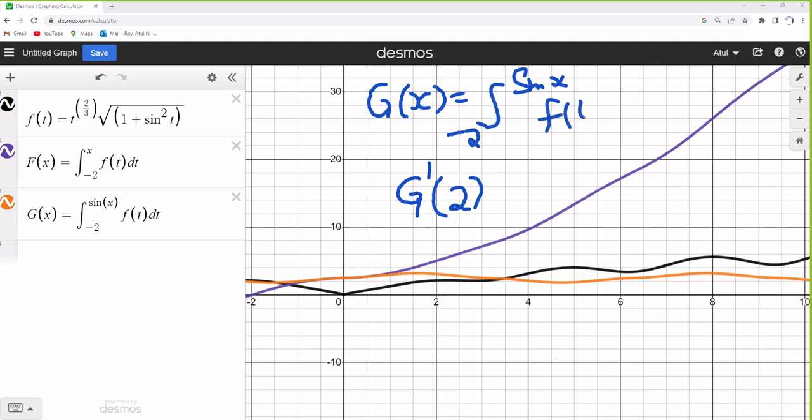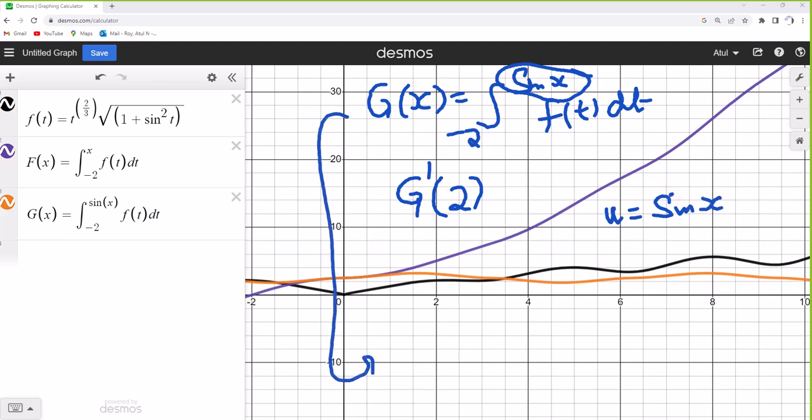So instead of x, I have sine x here. So as you did before when using the chain rule, let's take u as sine x. So g is the integral from -2 to u of f of t dt.